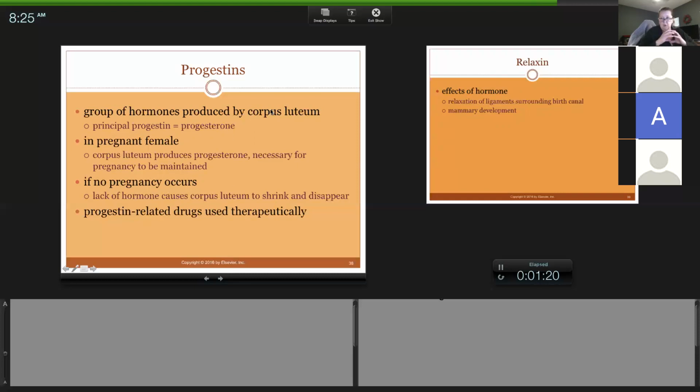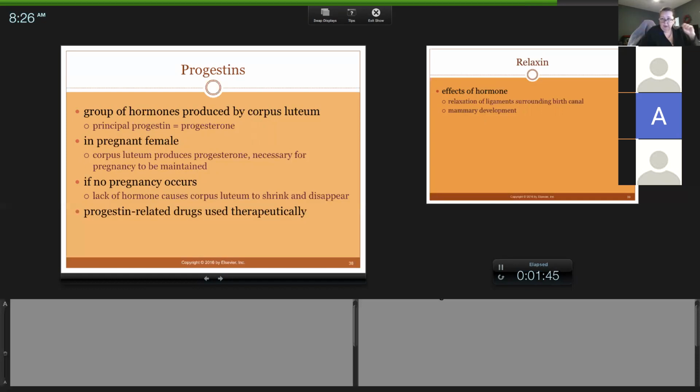The sac is called a corpus luteum. So a corpus luteum is an empty follicle. And when the egg is released, the body assumes pregnancy is going to occur. Now, we obviously know animals come into heat. Women, when we have our period, that time of the month, you release an egg. Pregnancy doesn't always occur. You release an egg and nothing happens.